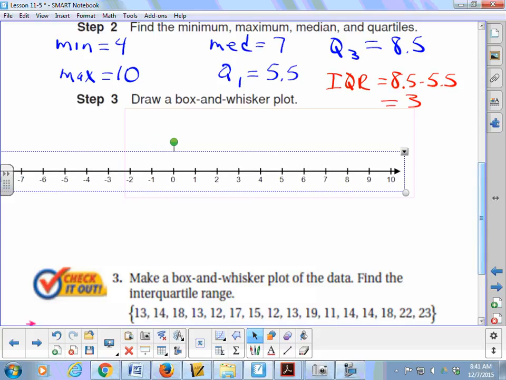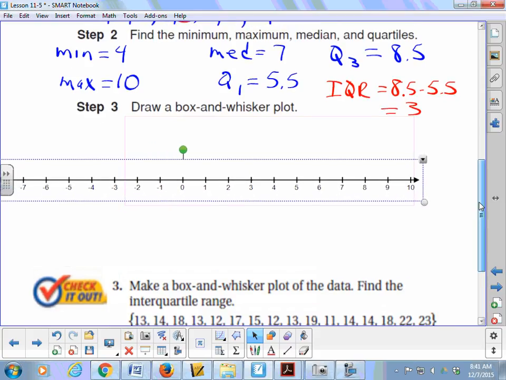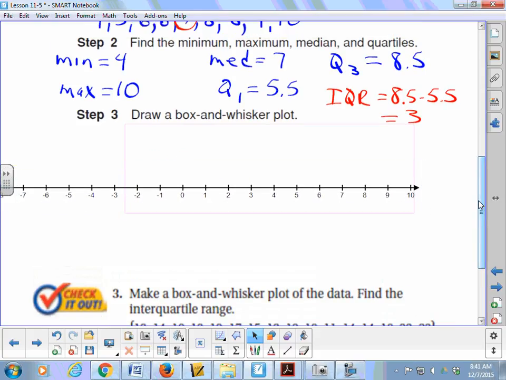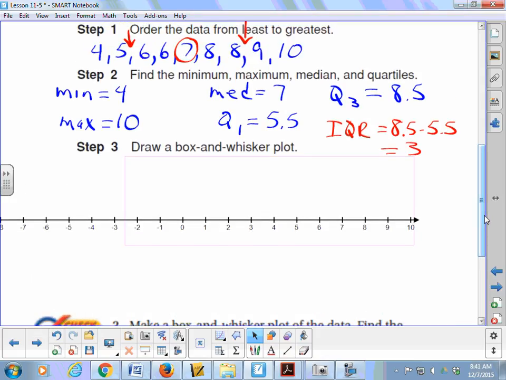Really on this number line, all I need is the numbers. On your number line, you just need the numbers 4 through 10, or 3 to 11, is what I would do. I would make it from 3 to 11. So you have one number below the min, one number above the max.